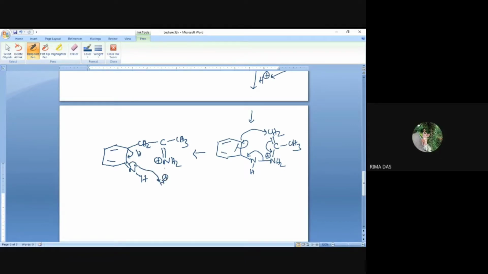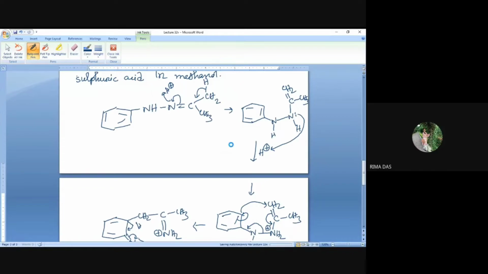Yes. A student asks why the group was drawn at the meta position in this step. No, this is a benzene ring, so you can write it anywhere. It is not that I will say this is ortho, this is para, this is meta. With respect to this group I can tell this is ortho, this is ortho, this is meta, this is meta, this is para.